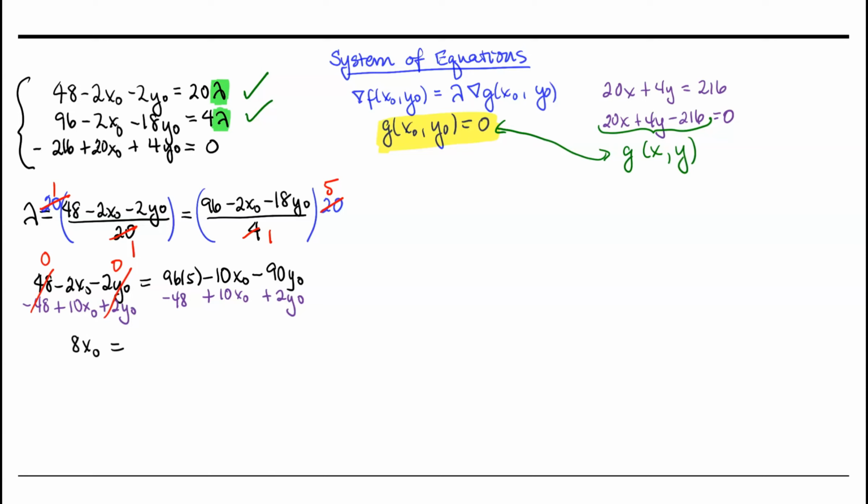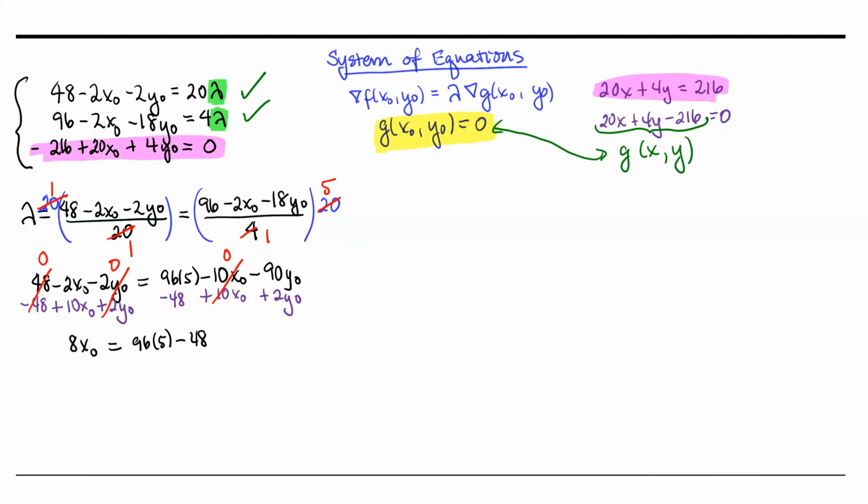And to make simplifying a little easier, I'm going to keep the right-hand side as 96 times 5 minus 48. Our negative 10x naught and our positive 10x naught will sum to 0. And negative 90y naught plus 2y naught gives us a minus 88y naught.